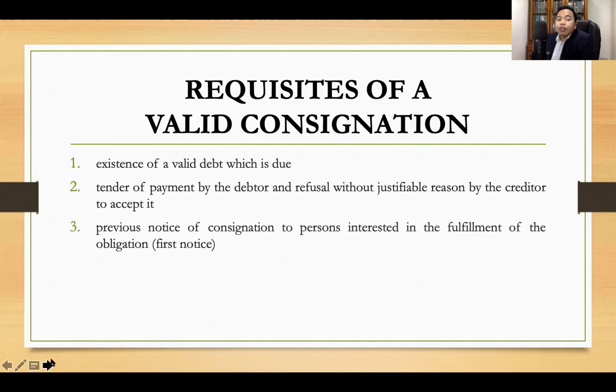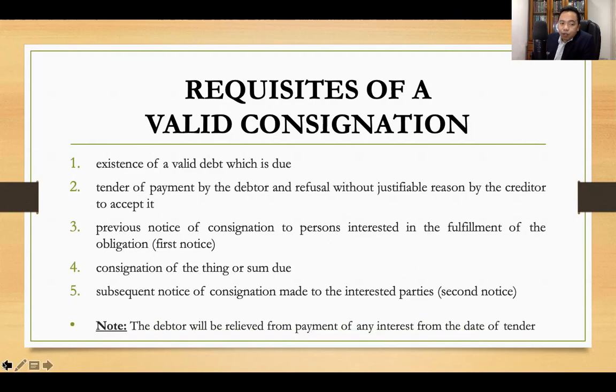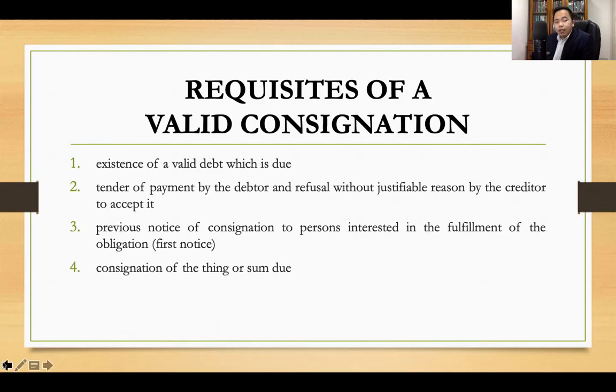Third, there is a previous notice of consignation to persons interested in the fulfillment of the obligation. So there must be a first notice. You have to notify that you are consigning the property to the persons interested in the fulfillment of the obligation. Fourth, there must be consignation of the thing or sum due.